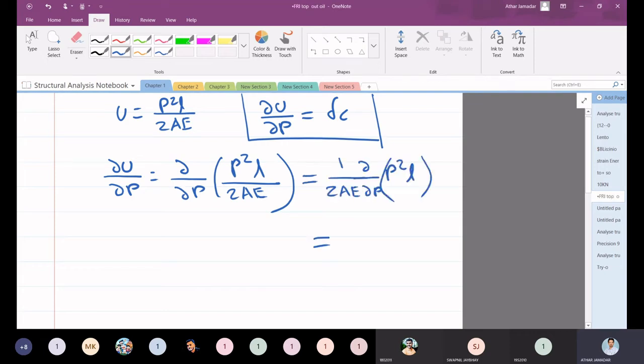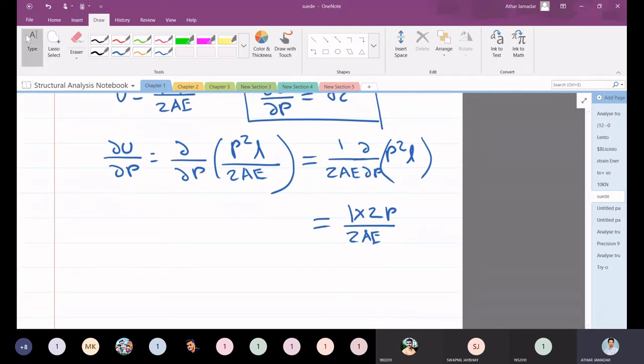If you take the partial derivative of this, the square will come forward, so 1 into 2 divided by 2AE, and out of this P square, one P will be taken outside. So 2PL into del by del P of, now only P is there.